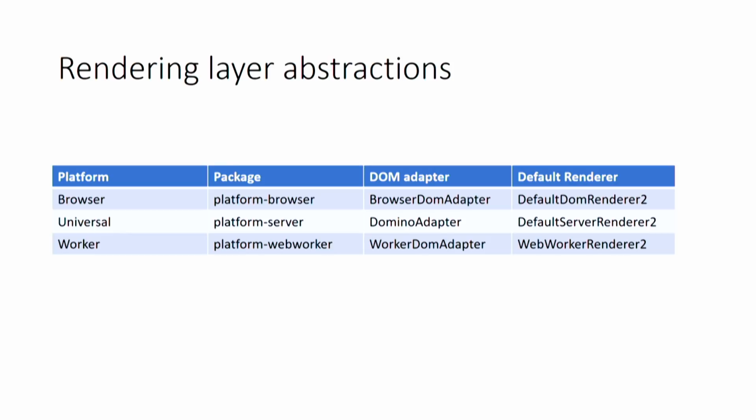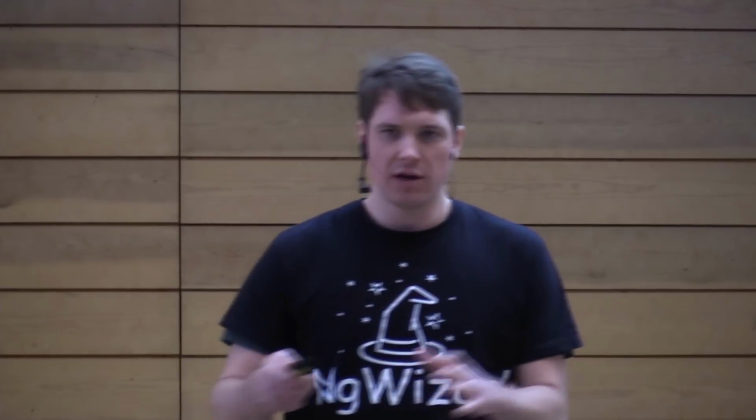And some of them are really, really fascinating, particularly web worker renderer. It acts as a relay mechanism. And instead of manipulating the DOM inside the web worker, it simply transmits messages from the web worker to the main UI thread. So it's an engineering genius. You have to take a look at it, definitely.